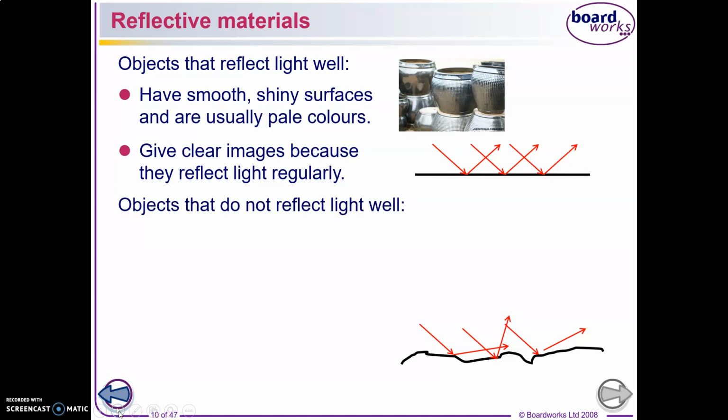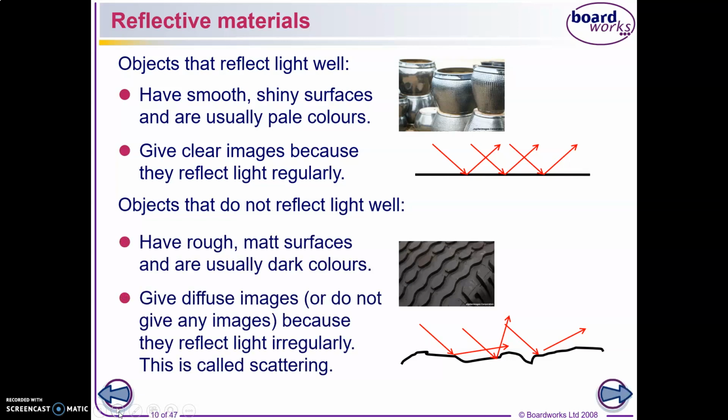Objects that do not reflect the light well, or you can say poor reflectors, have rough, matte surfaces. Rough means they are not smooth, and matte means they are dull, and usually they have dark colors. They give a diffuse image, or sometimes no image at all, because the light is reflected irregularly and scattered.